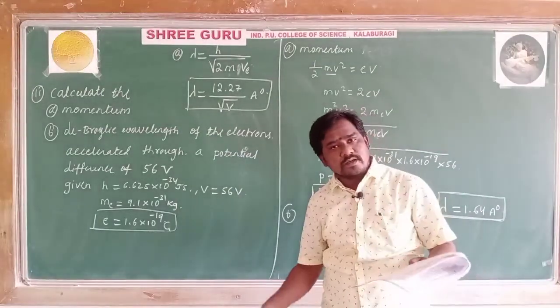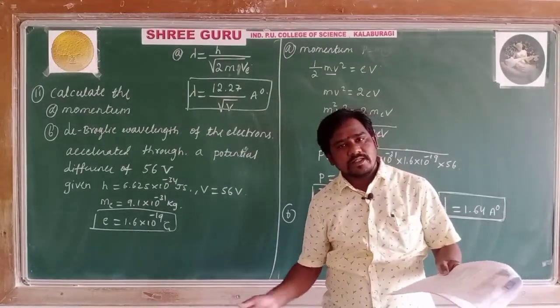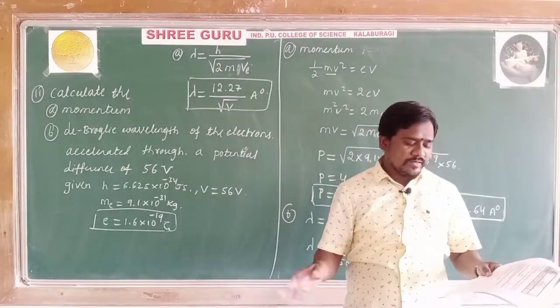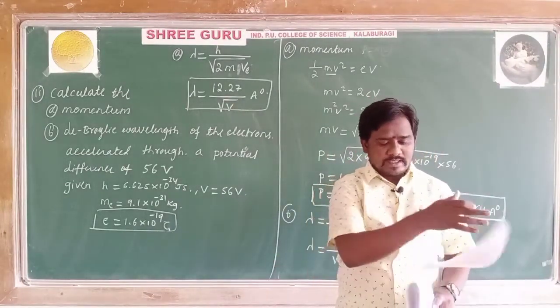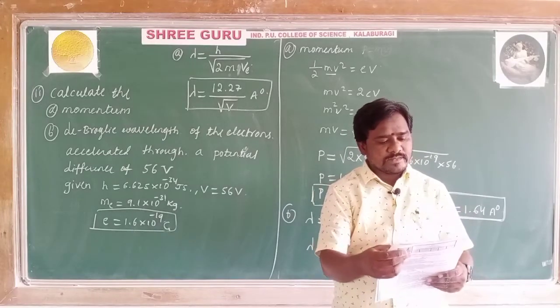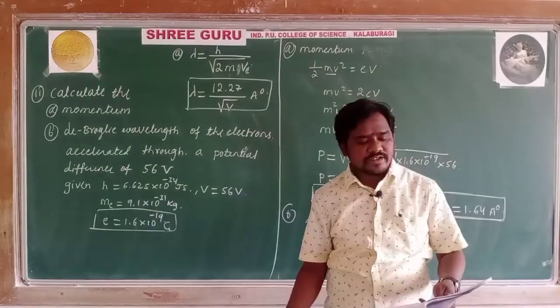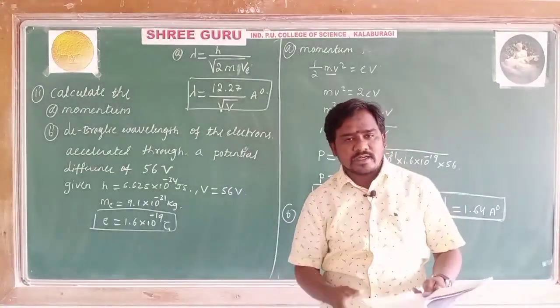Already we discussed that momentum depends on the mass as well as the particle's energy. In 3 marks they asked the definitions of threshold frequency, work function, and stopping potential. These we already discussed.